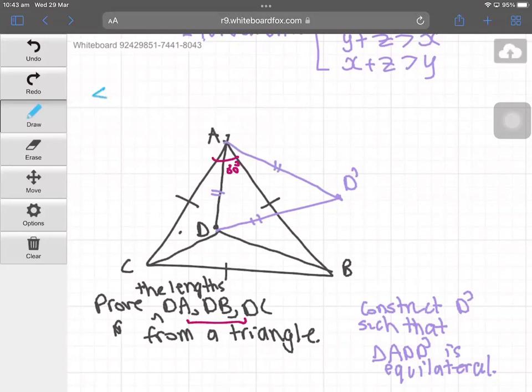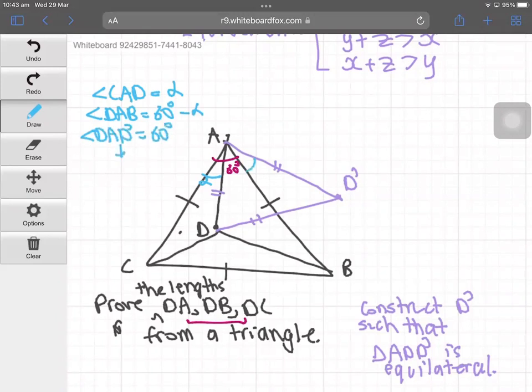So now if we make CAD equals alpha, then angle DAB will be 60 minus alpha. And since DAD prime is 60, this angle here is also alpha. So we have an alpha, a 60 minus alpha, and an alpha.